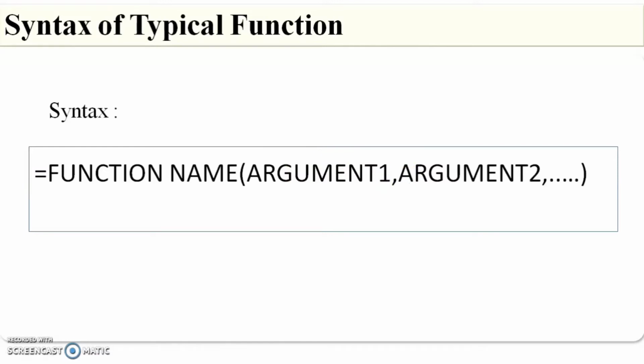If we are doing addition, the numbers which are added are the arguments. In addition of two numbers, argument 1 is the first number, argument 2 is the second number, and the first and second numbers are added. So, arguments are mandatory and they follow a sequence.